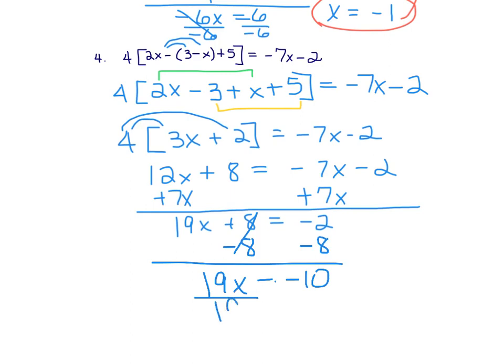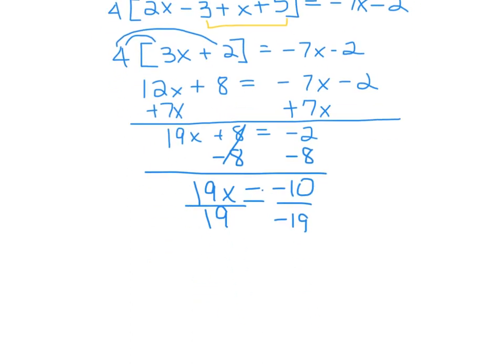Divide by the number next to the letter. And then I'm left with x equals -10 over 19. Pretty good on that example.